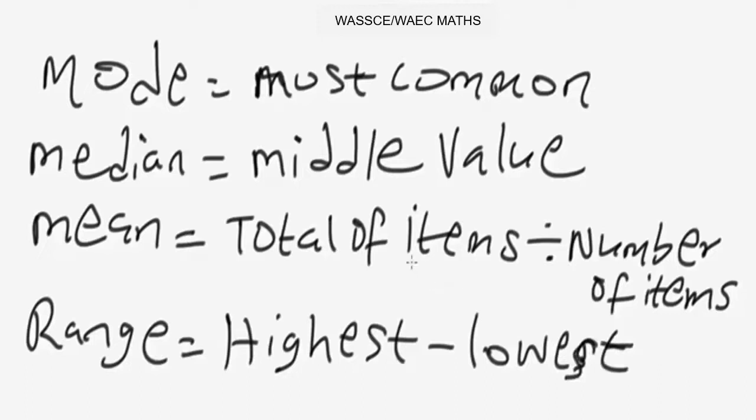So these are the 4 parameters we have to know in statistics: mean, median, mode, and range. Having known these 4 basic parameters, let's look at a practice GCSE maths question and see how we can figure out the mode, median, mean, and range.